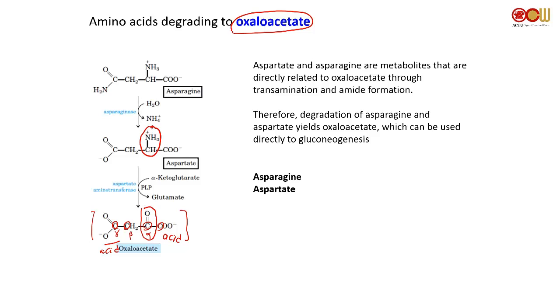Go from amino to keto, transamination. Okay, 谢谢各位 transamination. Right? Transamination is going to use PLP, right, as a cofactor, and the amino acceptor is alpha Kg, and you generate glutamate.